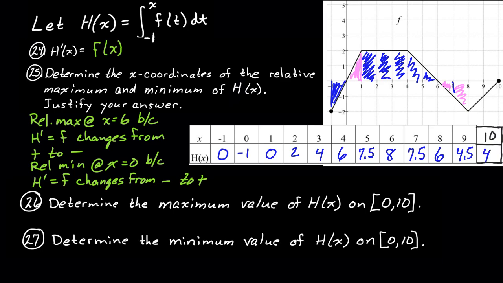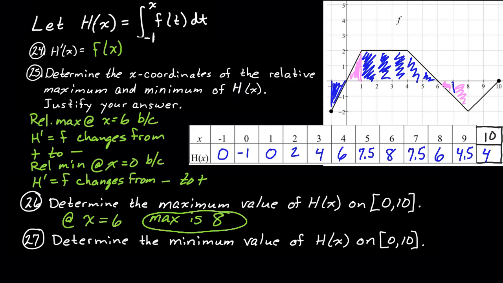All right, so determining the maximum value of h of x on this interval, that maximum value is going to be at x equals 6, and the max value is 8. So to answer the question, this is the maximum value, 8.